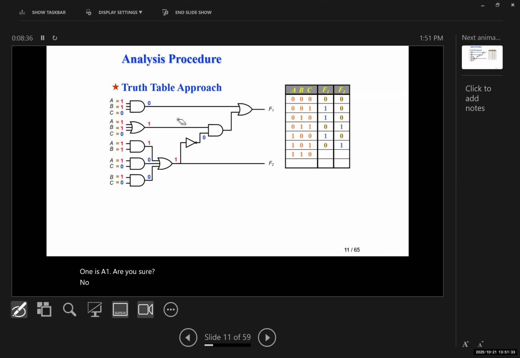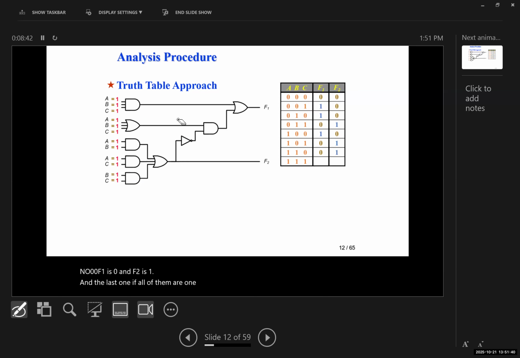F1 is 0 and F2 is 1. And the last one, if all of them are 1, what happens? F1 is a 1. Yes, 1, 1. F1 is 1 and F2 is also 1.